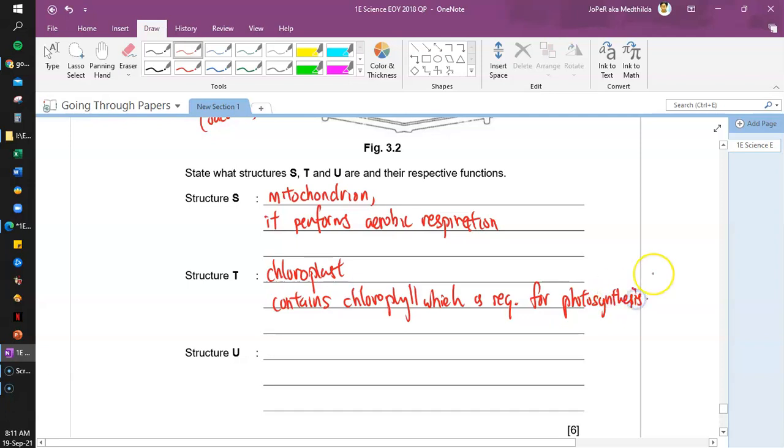Your plant cannot make food. Next, U is the vacuole. Now, what does the vacuole do? It just stores the substances within the cell. Or some of you may just put it as store the cell sap.